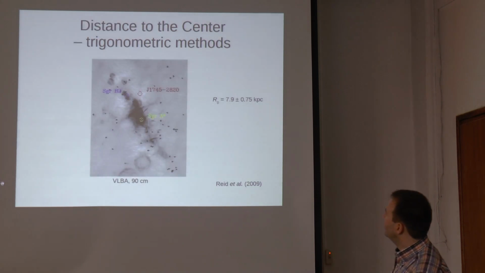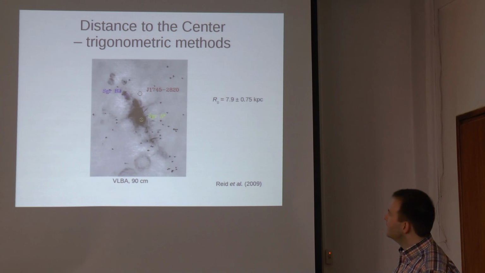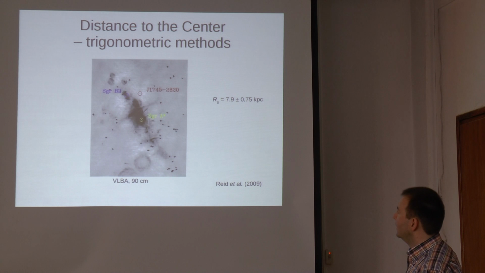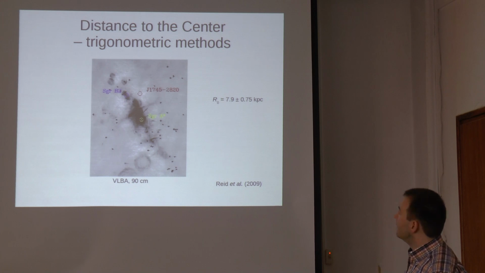And now, how far is the galactic center? In astronomy, measuring distances is really hard, since we receive practically only the light from distant objects. There are many methods, but most of them are inaccurate, and measuring distances is not easy.